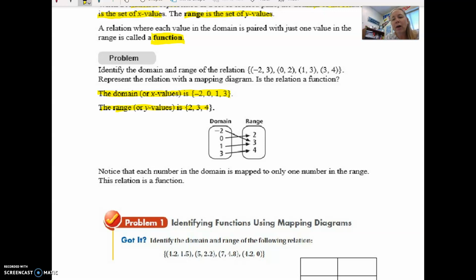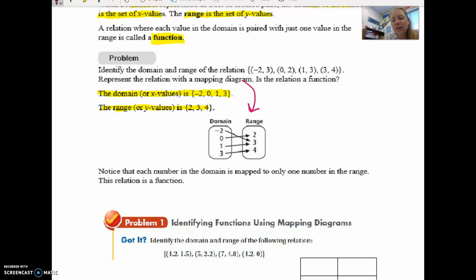Okay. Now, this example here is our mapping diagram. So I'm just going to draw an arrow here. The mapping diagram basically lists all the domain and all the range and then matches them up with arrows. Notice that each number in the domain is mapped to only one number in the range.